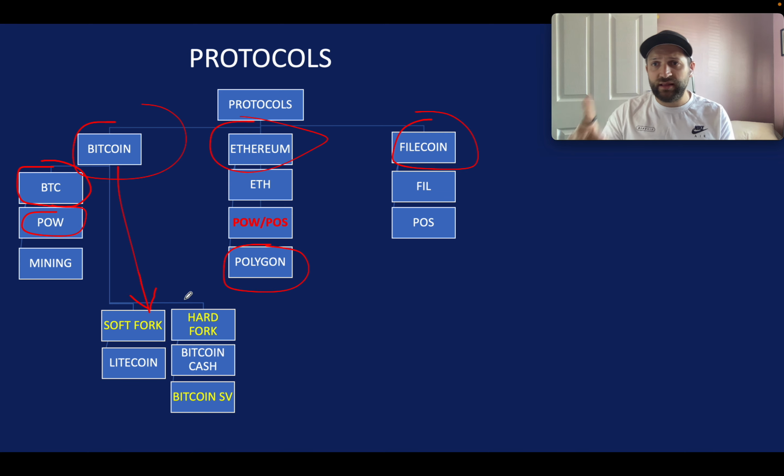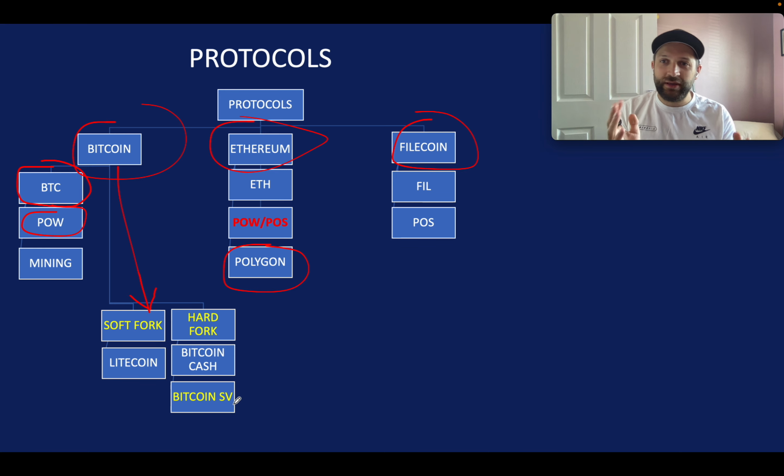They decided to turn it into 8 megabyte block size, which is a protocol level change, not a software change, to simplify it. So they decided to do a hard fork. They took a lot from Bitcoin, but they changed something on the protocol level, which is 8 megabytes instead of 1 megabyte. And then if you see, we got Bitcoin Satoshi Vision, Bitcoin SV.